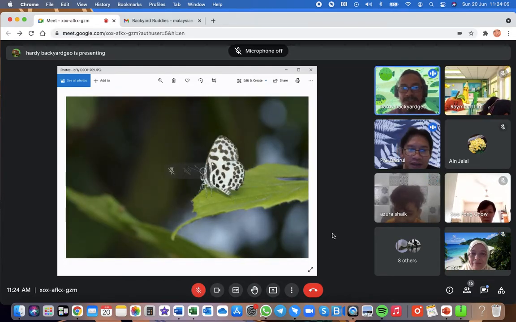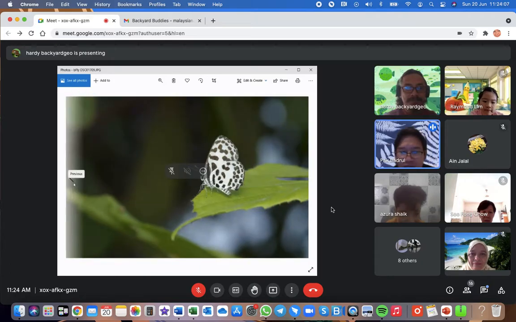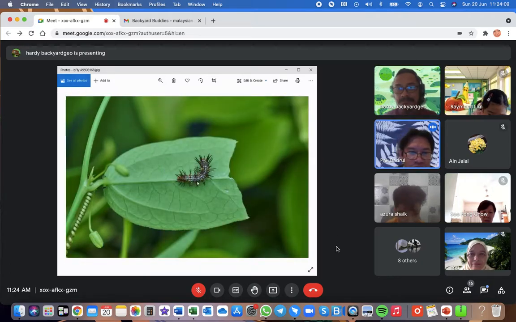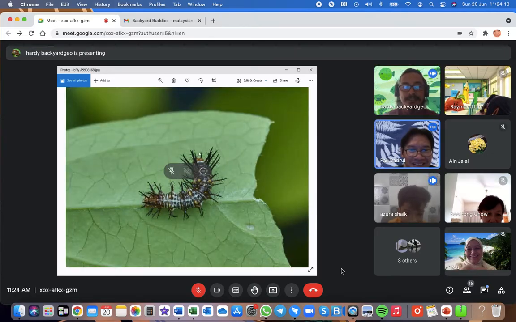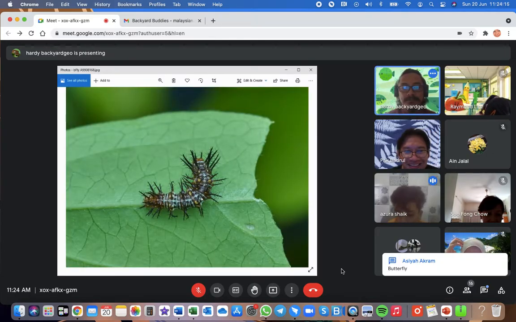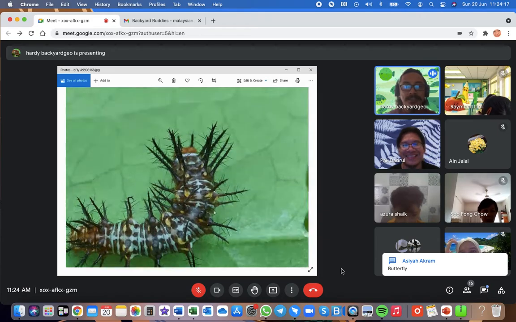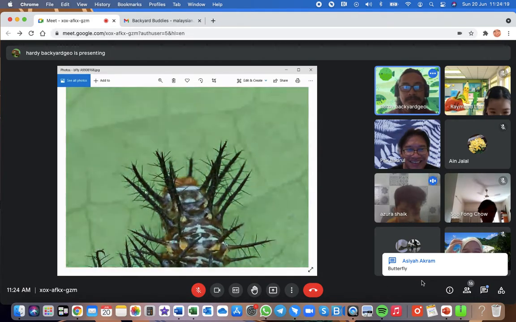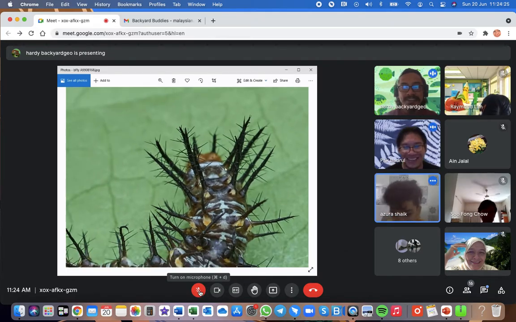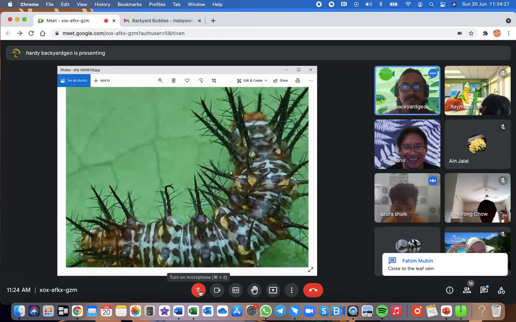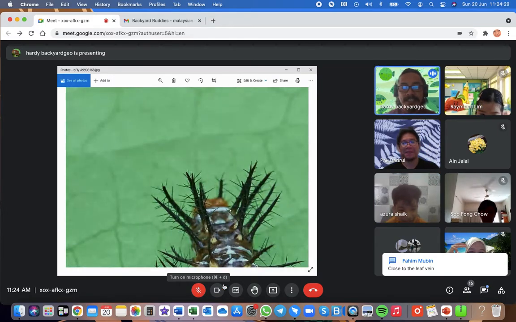Okay, the next one. What's this? Can you guess which is the head? The top or the bottom? Top. How do you know it's the top? There's a feature that tells you it's actually the head.